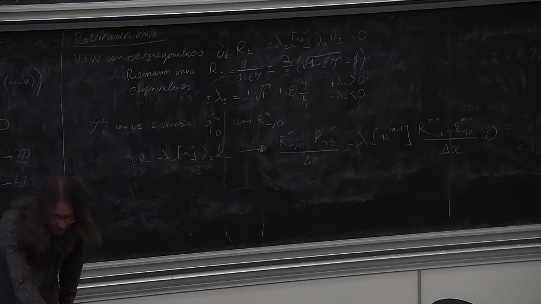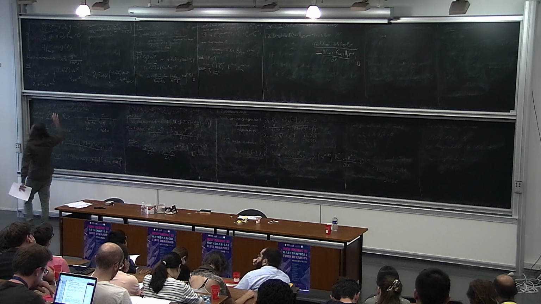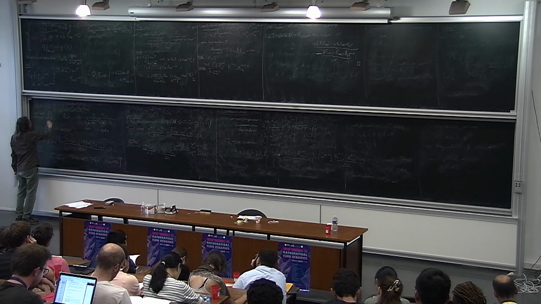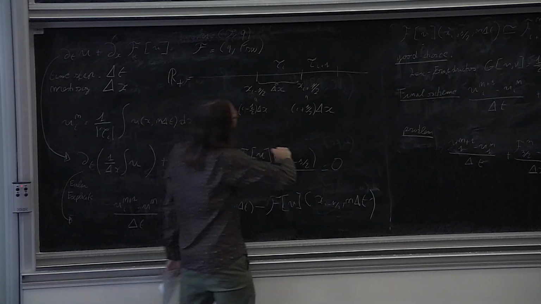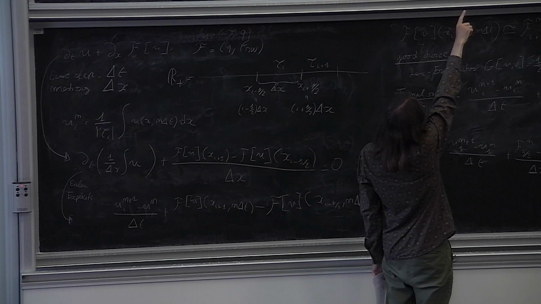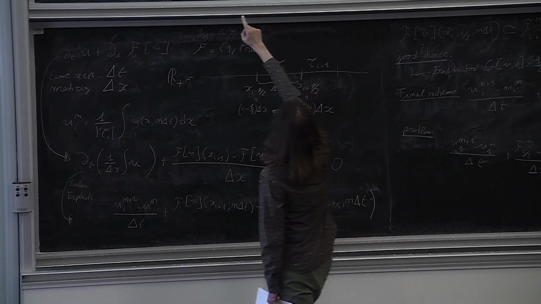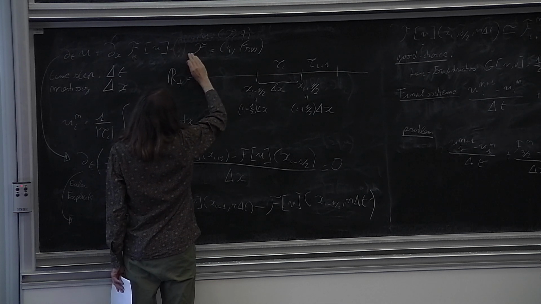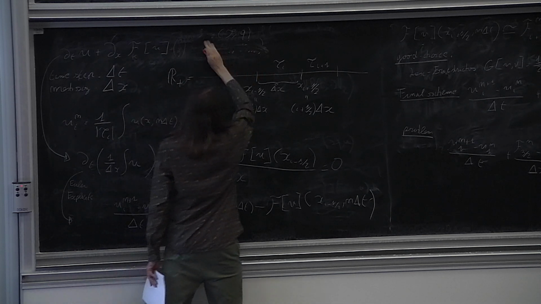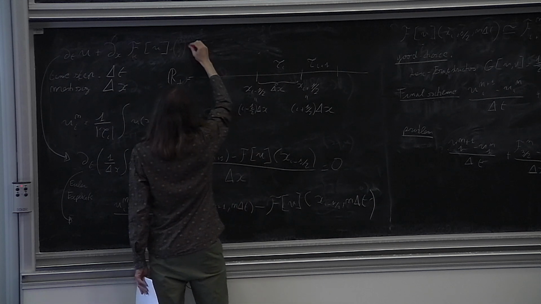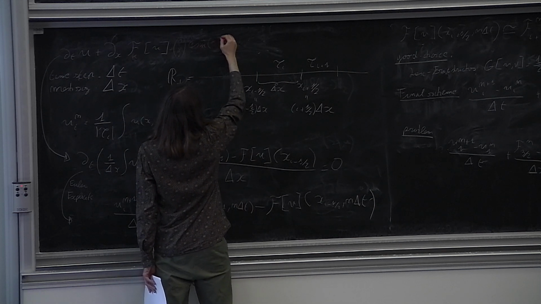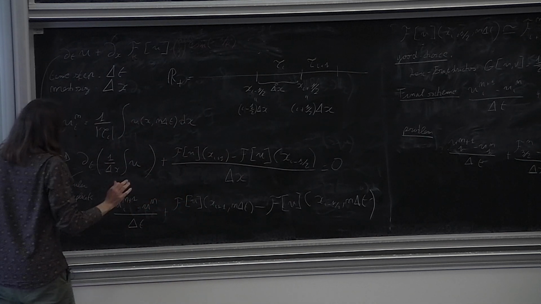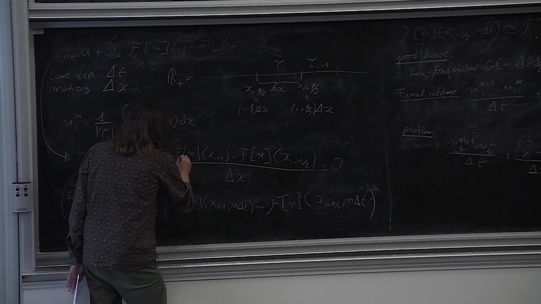Now, we want to generalize exactly this scheme, but in the case with a non-conservative law, which is exactly the way I write the Boussinesq equation. So all the steps are the same.